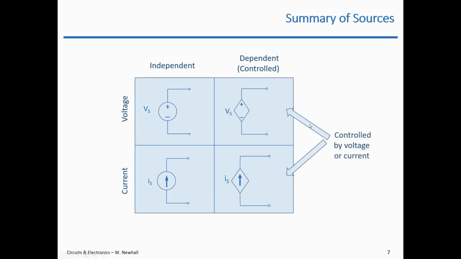And they can be controlled, each of those, by either a voltage or a current, okay? So that's kind of the summary slide. This is the big takeaway. You should understand that there are voltage sources, current sources, they're independent or dependent, and the dependent ones can be controlled by a voltage or a current. Okay? All right, so we're gonna go on to a clicker question now.